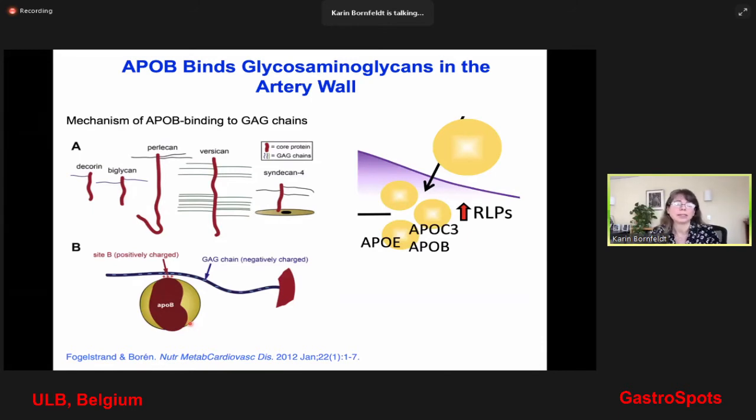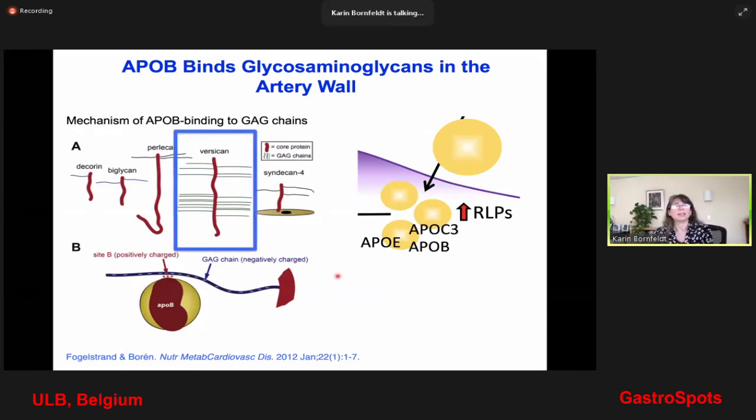there's a particular site called site B that's known to bind to negatively charged glycosaminoglycan chains in different proteoglycans. And these are part of the extracellular matrix in the lesion and in many other tissues.